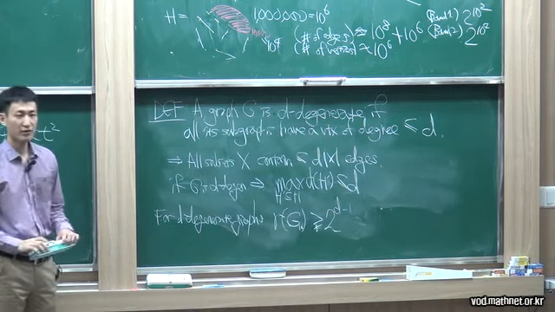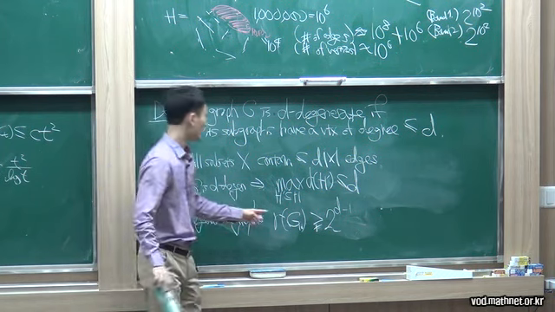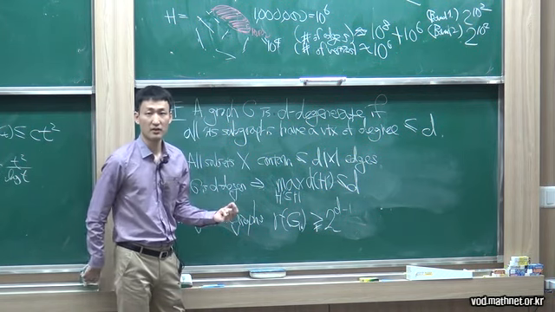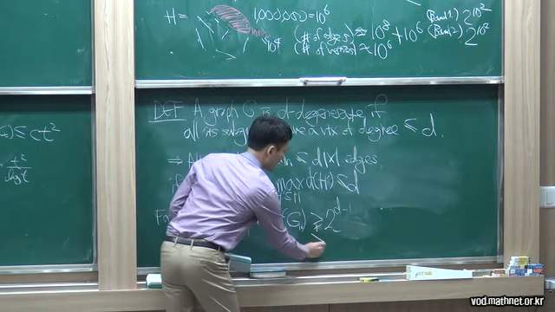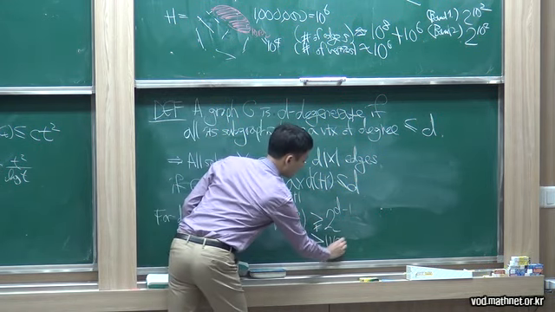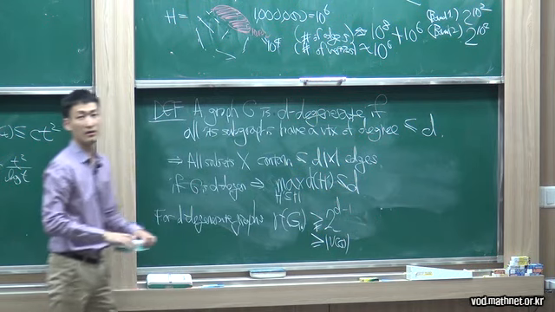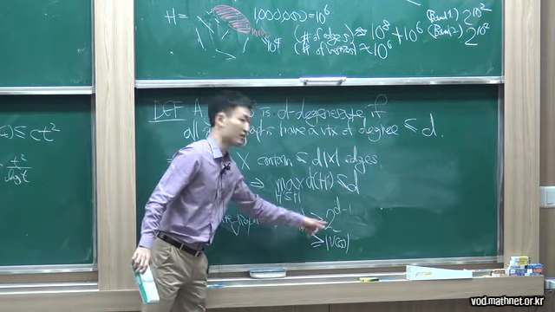You might think that's a useful bound, but that's a really stupid bound. d is a fixed integer, and G can have a lot of vertices, so it's better to use a trivial bound that Ramsey number is at least the number of vertices of G. Right? Because this can be a huge number, that's a fixed number.